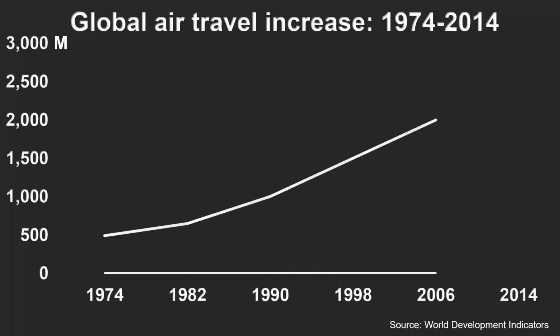Well, here's the growth of airline travel between 1974 and 2014. You see here, just to go back again, this line at the bottom, this zero line, that's poor people.